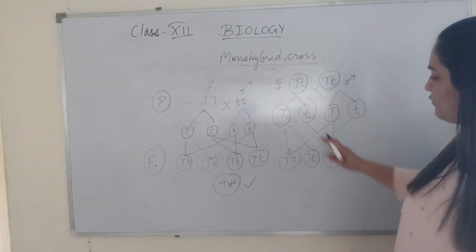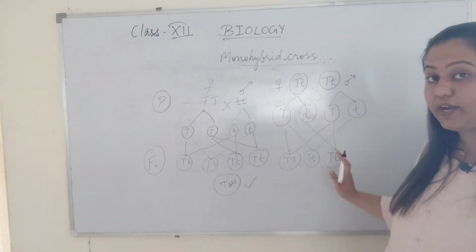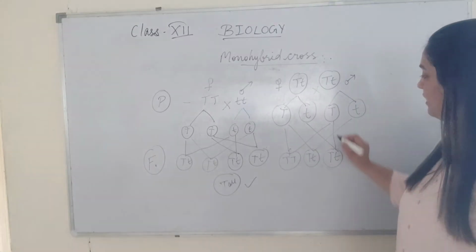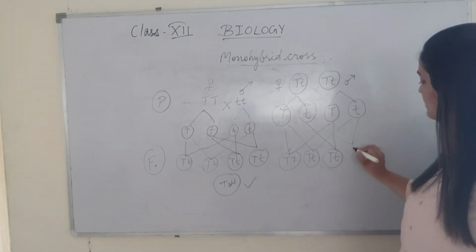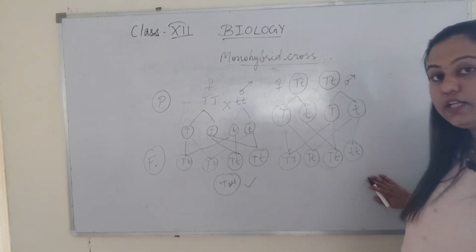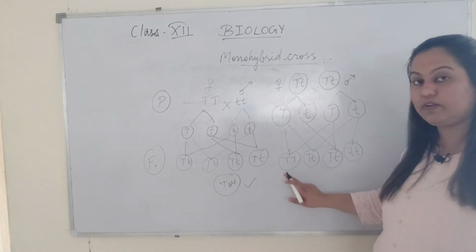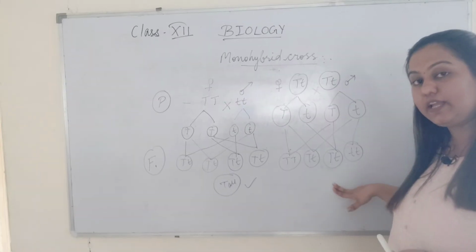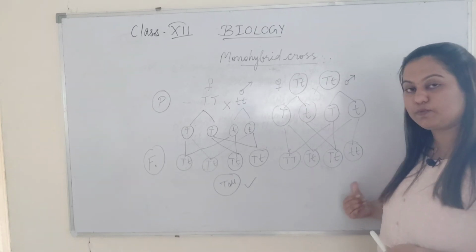You can see here first small is coming and then capital is coming, but what I had written was capital letter first and then small letter second. Next, the last mating is small t and small t. So as you can see here, we have got different combinations. First one we have got as capital T, capital T, then capital T, small t, again capital T, small t, and then small t, small t.